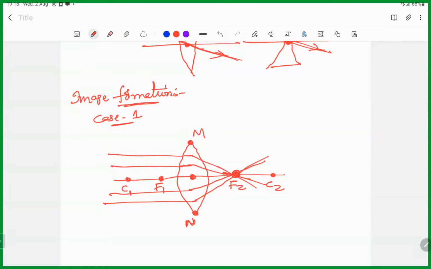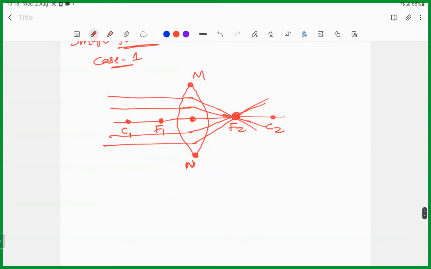If the object is at infinity, the image formed is highly diminished, point size, and it is formed at F. It's real and inverted. Actually it's a point size, so we cannot directly say it's inverted or erect, but according to the convention we say that. When it's a point you can't say whether it's up or down, right? Just a point lying on the principal axis.